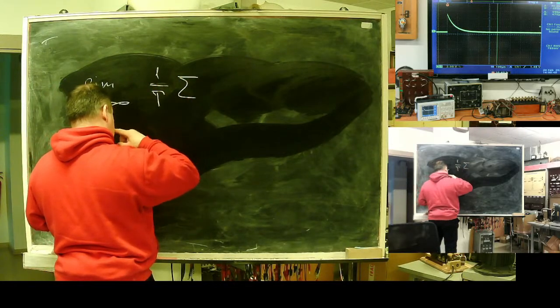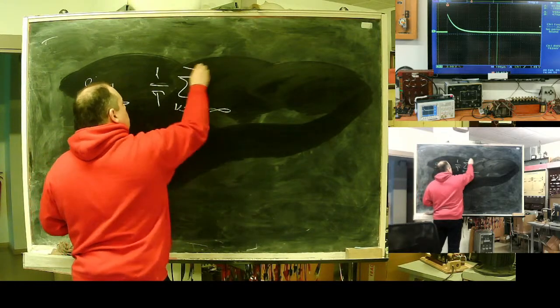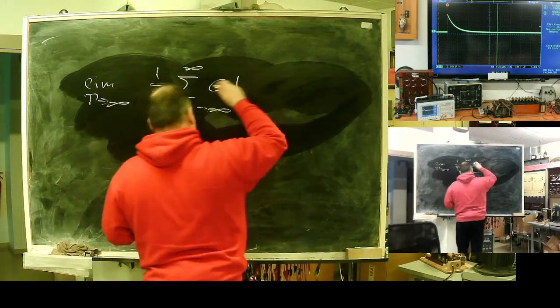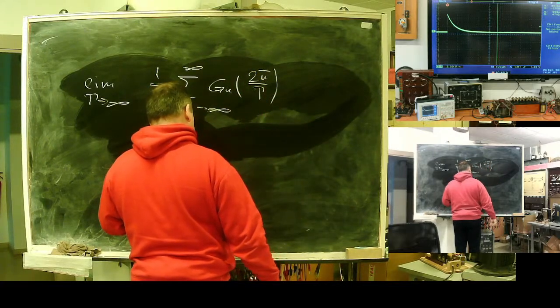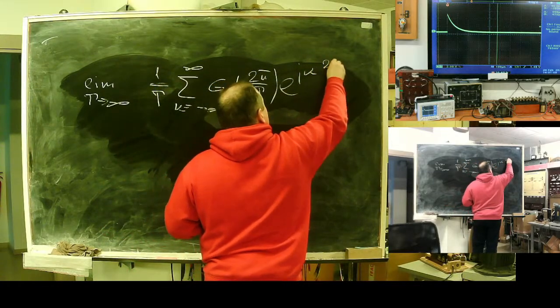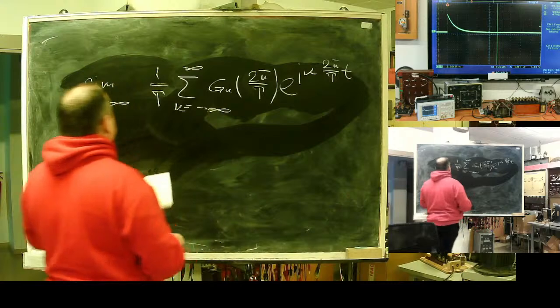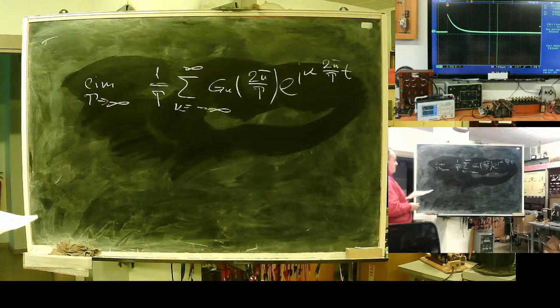The sum from minus infinity to infinity of my spectral function taken at points double P divided by time, k double P divided by time. This one is a bit tricky.